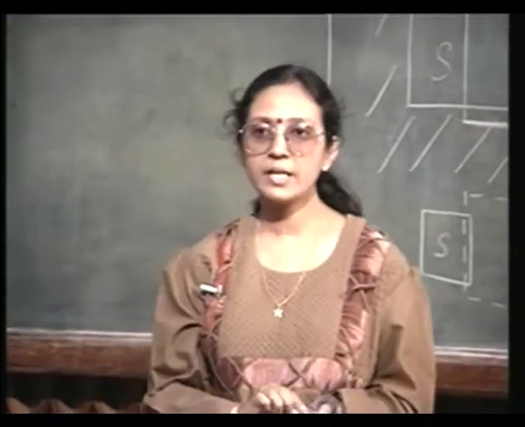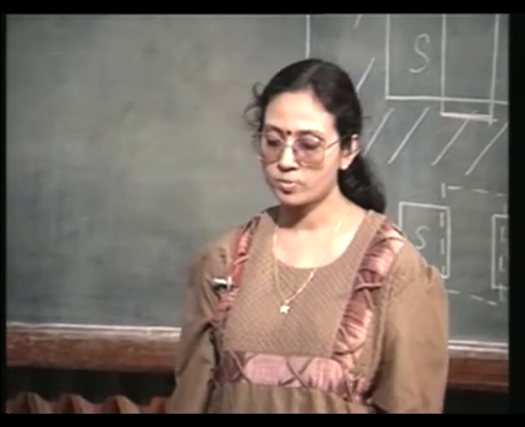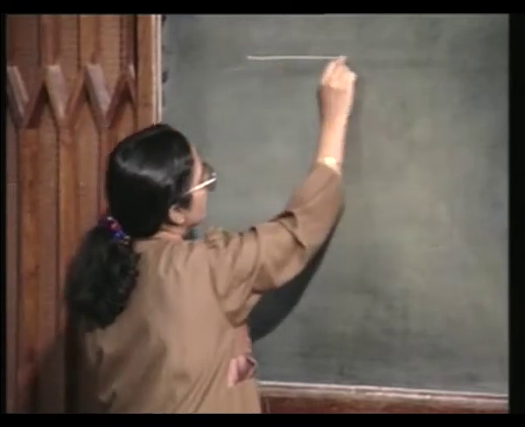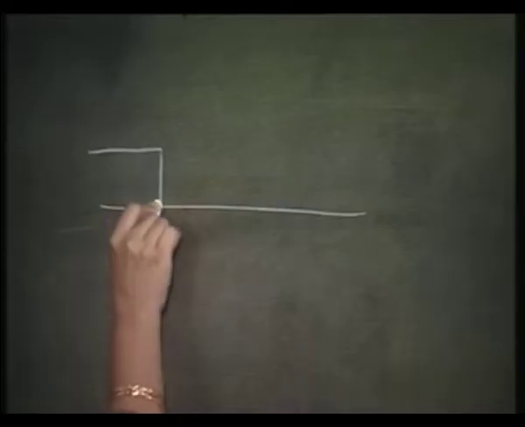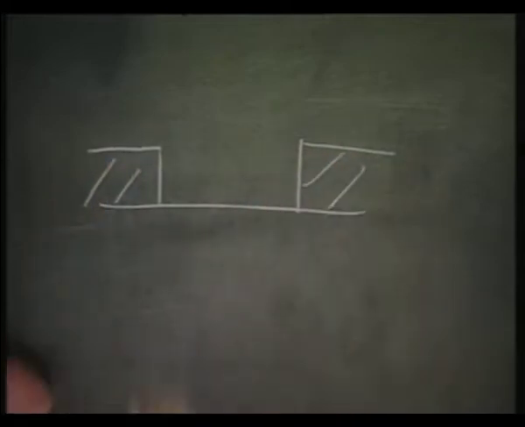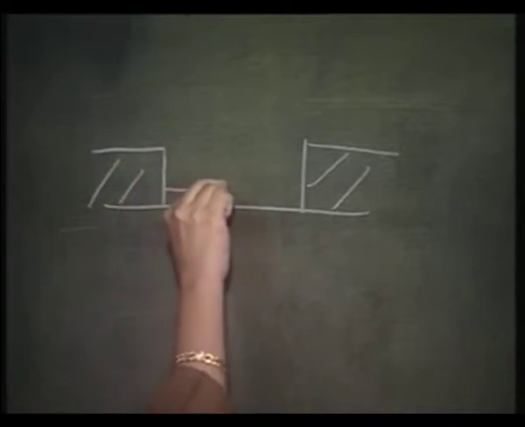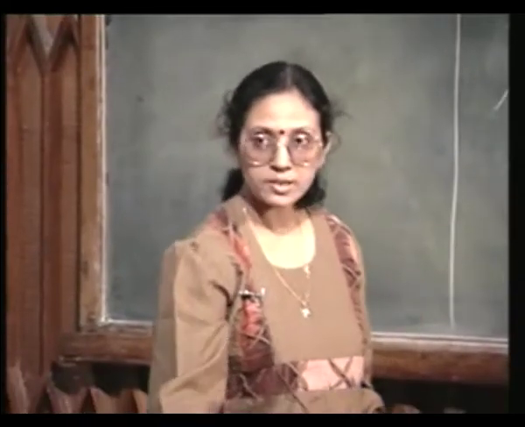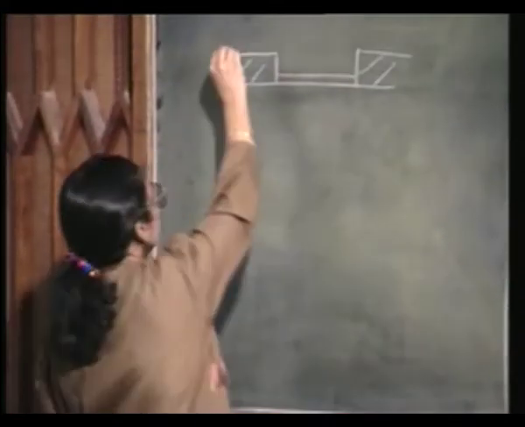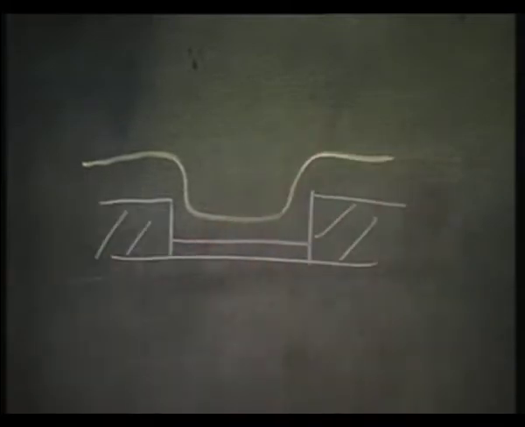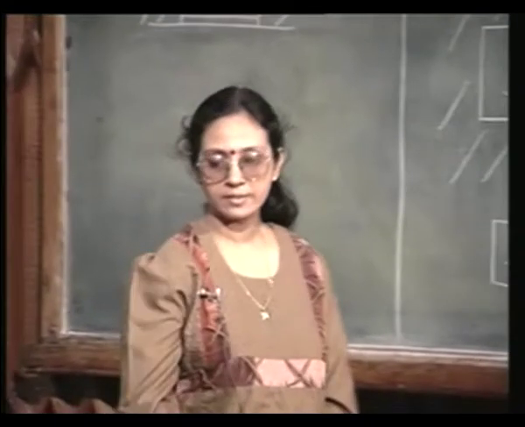So, in self-aligned polysilicon gate NMOS process, it is very simple. I have already actually outlined the steps. Let me do it once again. You have the thick field oxide and then you open the window in that thick field oxide. Then you grow a thin gate oxide all over the place, and then you have polysilicon deposited all over, and then you pattern it.